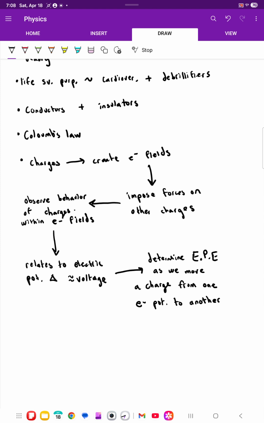Next, we describe the electric dipole and solve a problem involving one of the molecular dipoles most important to life on the planet. We will then learn about electric dipoles, and specifically on water.